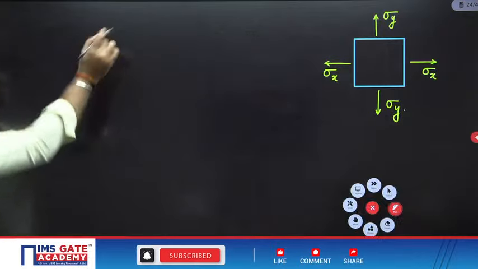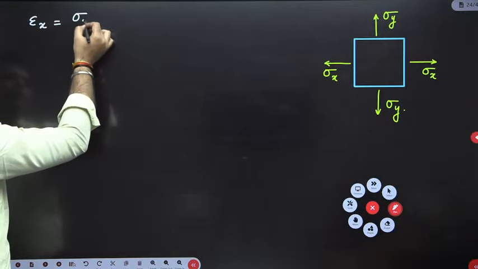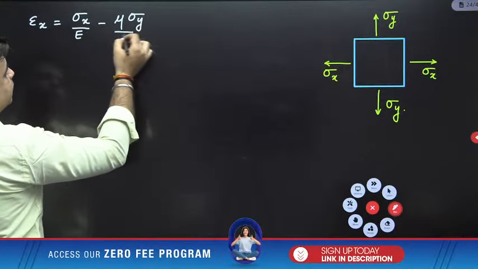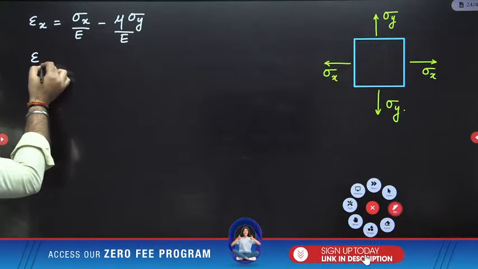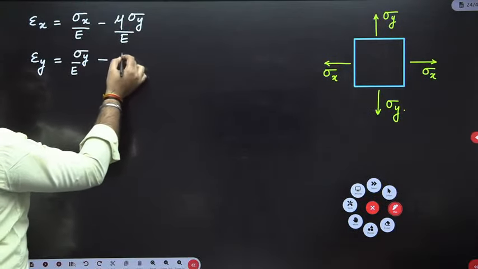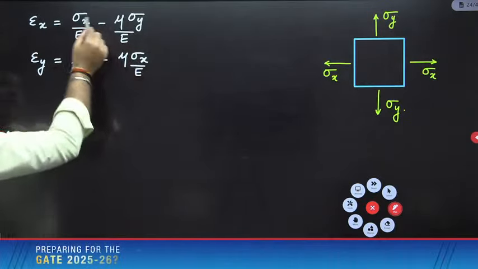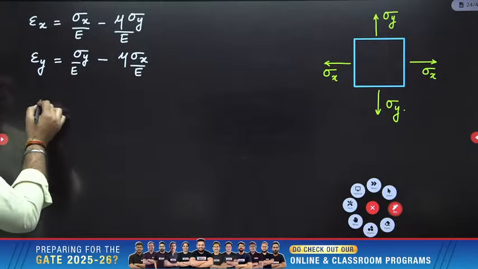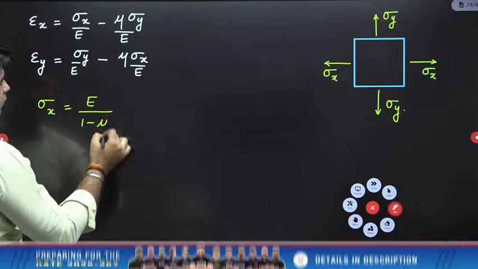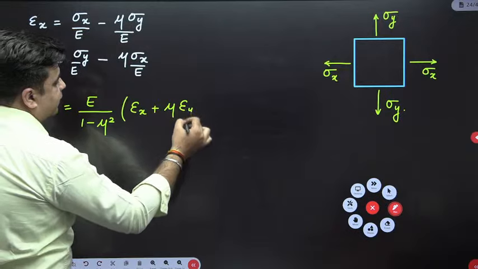And you know the value of strain. So what will be the value of strain? Epsilon x is equal to sigma x upon E minus mu times sigma y upon E. Similarly, strain along y direction will be sigma y upon E minus mu times sigma x upon E. If you have to write sigma x and sigma y in terms of epsilon x and epsilon y, sigma x is equal to E upon 1 minus mu square into epsilon x plus mu times epsilon y.